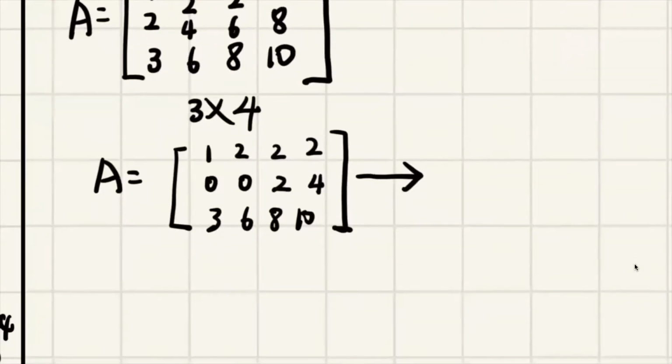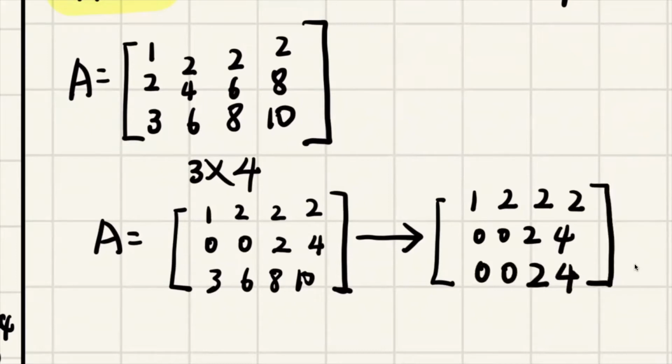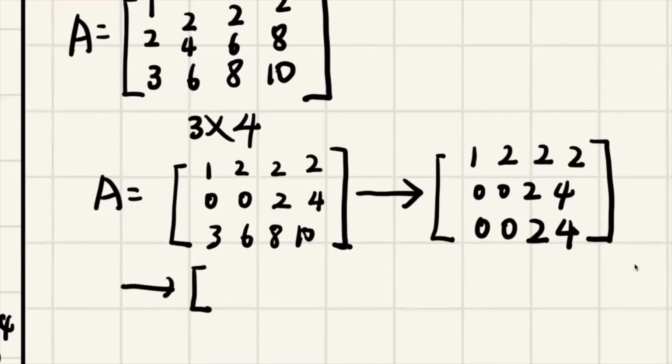The last row will be 1, 2, 2, 2, 0, 0, 2, 4. It will be 0, 0, 2, 4. And it can also have further elimination here: 1, 2, 2, 2, 0, 0, 2, 4, 0, 0, 0, 0.